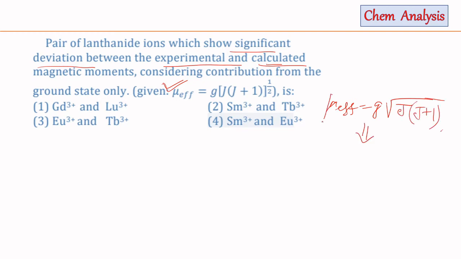Such a formula is applicable for lanthanide elements for calculation of effective magnetic moments, but for f0, f7 and f14 elements such an equation converts to that of transition metal elements, that is spin only.